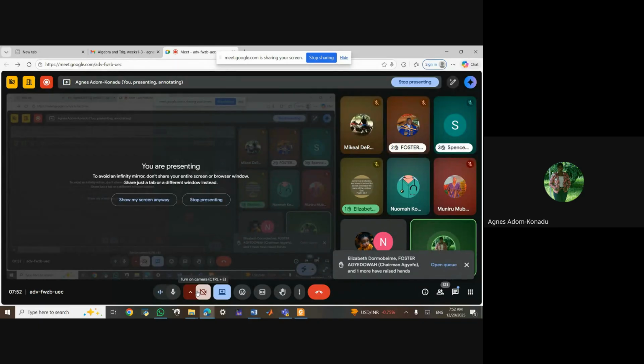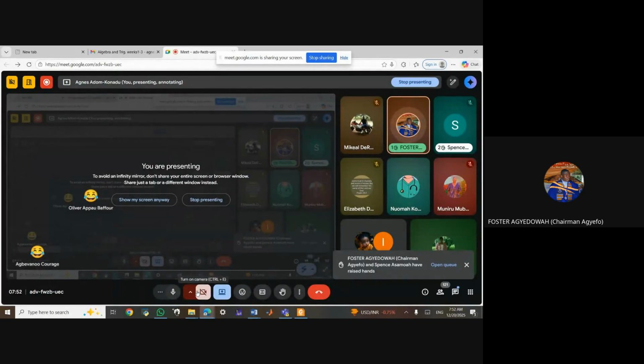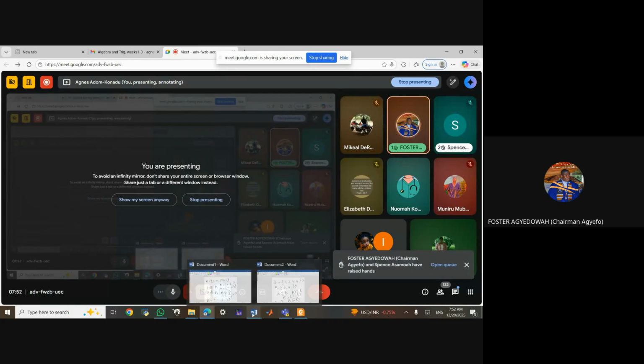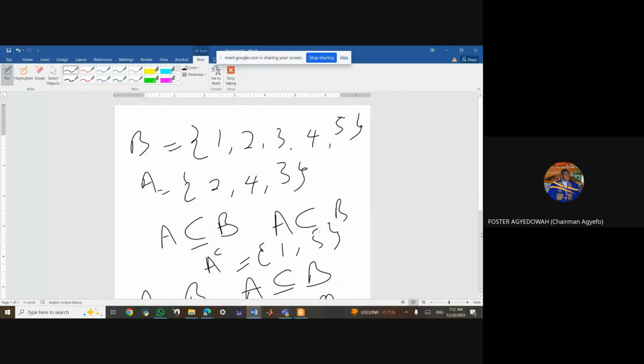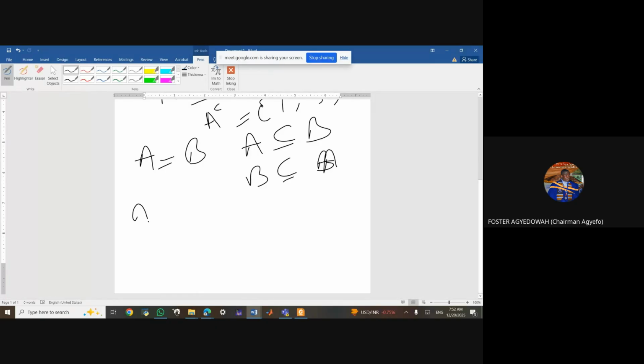Chairman Foster, your hand is up. Madam, the union, as my colleagues have already stated, is a list of both sets, where an element is not to be repeated. If it appears in both sets, you write one.